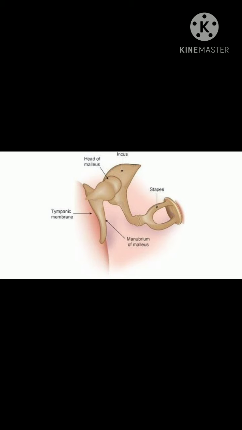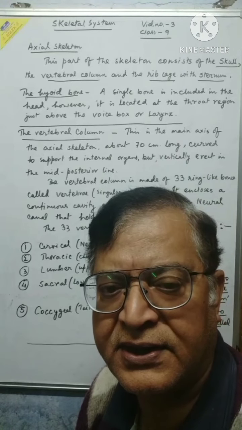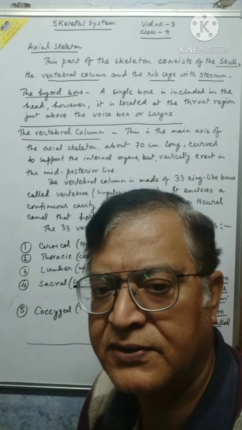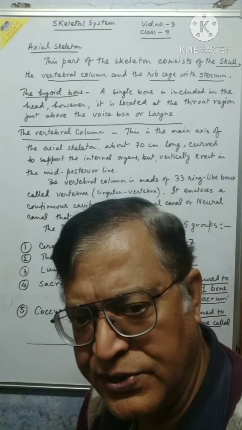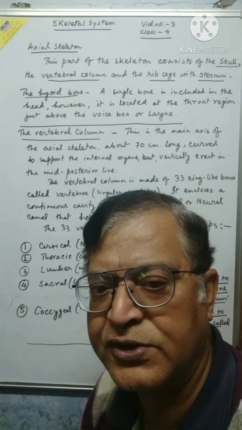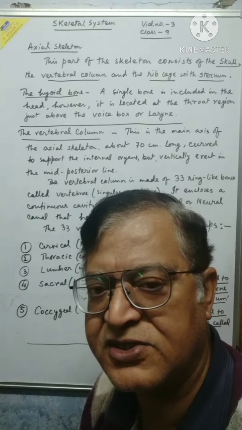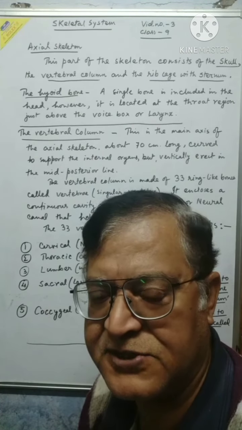The first one on your left side is the malleus or hammer, the middle one is incus, and the smallest bone of the body is stapes. These are the bones that you have just seen. So you saw the skull bones, facial bones, and the ear bones in the form of pictures and description.